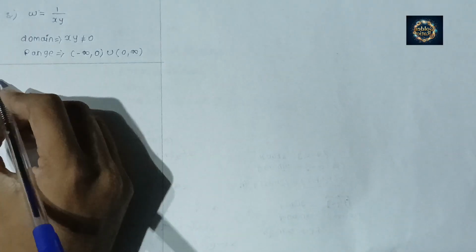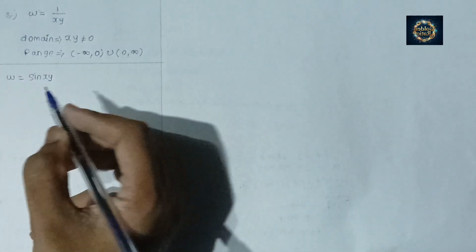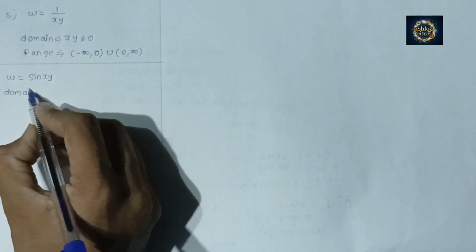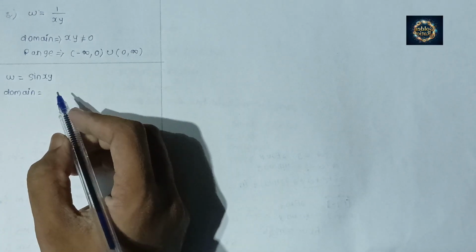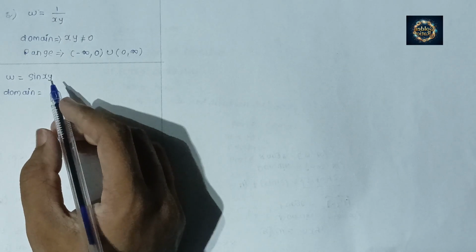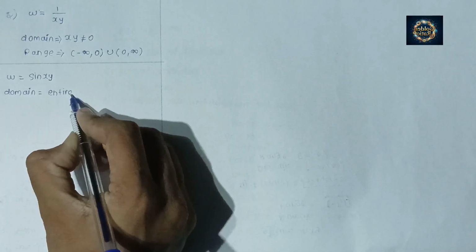Now the third question is the function defined as w equal to sine of x into y. For the domain, there is no restriction. The domain can be any number, so we can generally write the entire plane here.